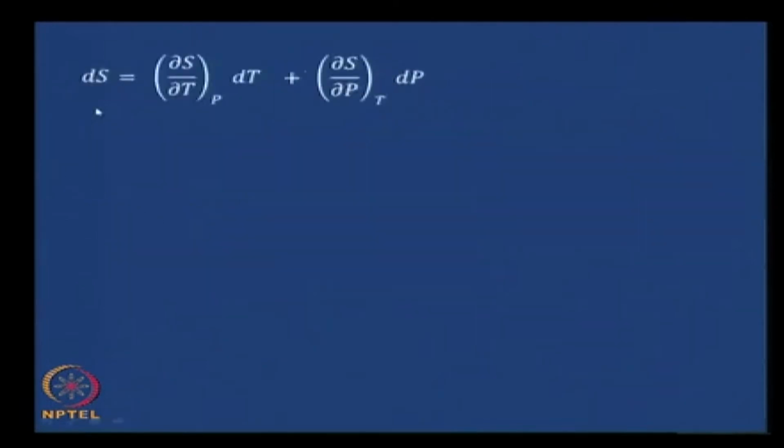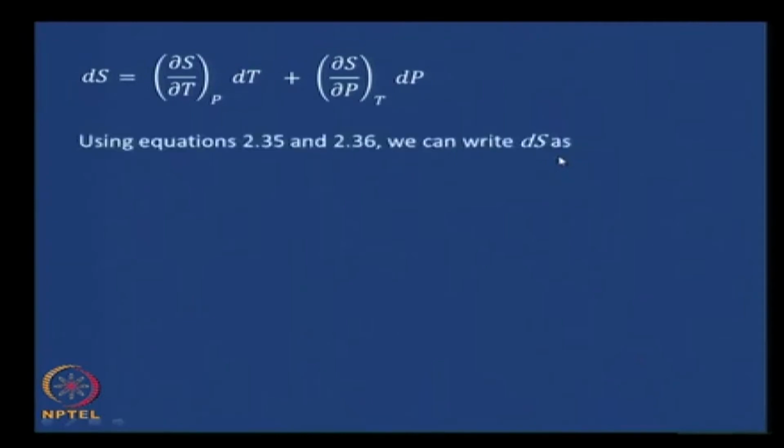Similarly, let us consider dS equals (∂S/∂T) at constant P dT plus (∂S/∂P) at constant T dP. Again, as you may recall, or if you want you can go back and check equations 235 and 236, we are essentially going to replace these partial differentials in terms of the more easily measurable variables. We have already seen that (∂S/∂T) at constant P was Cp by T as given by equation 235, and that is what we have substituted here.